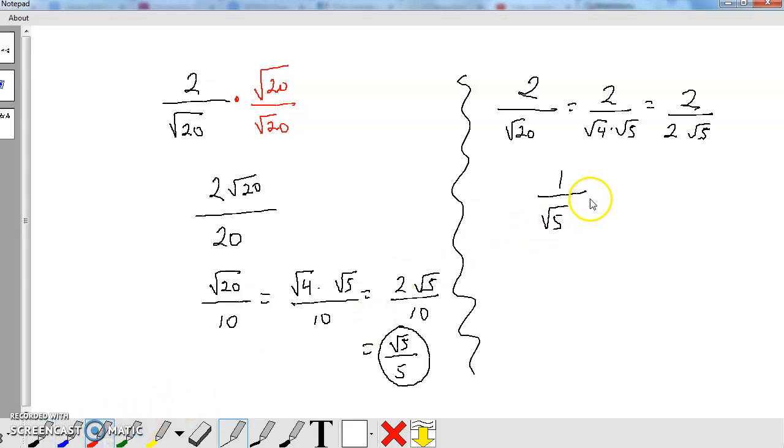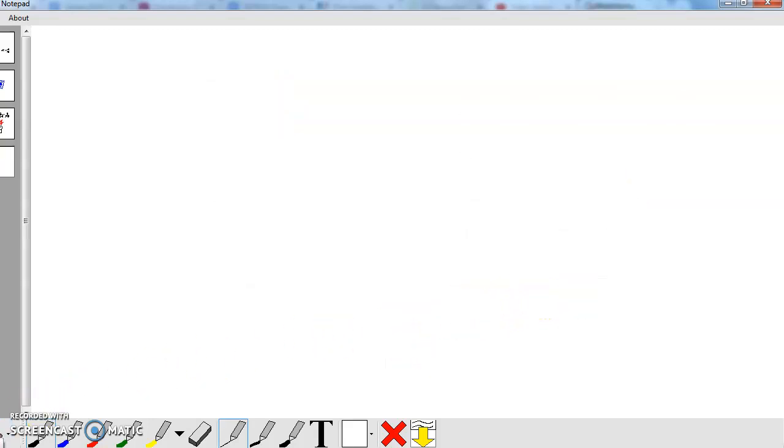And now I can multiply top and bottom by root 5 over root 5, which ultimately gives me root 5 over 5. So again, if you want to simplify at the very beginning, sometimes it's a little bit easier. If we want to simplify at the end, that's fine. We're still going to end up with the same result. So let's pick a couple more problems, and let's try them on your own.